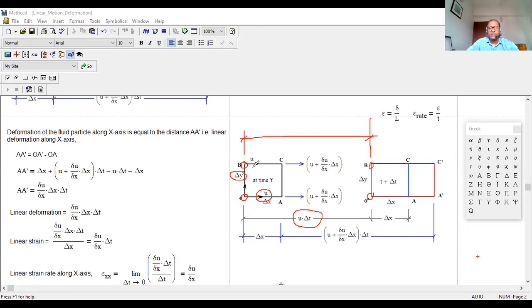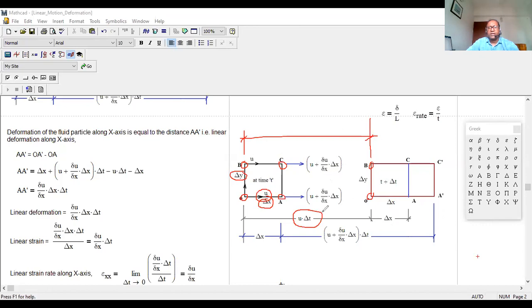This length is delta x. So by using the Taylor series, our h will be delta x right over here. So the velocity of points C and A along the x-axis will be u plus del u by del x into delta x. This is the derivative of the function.